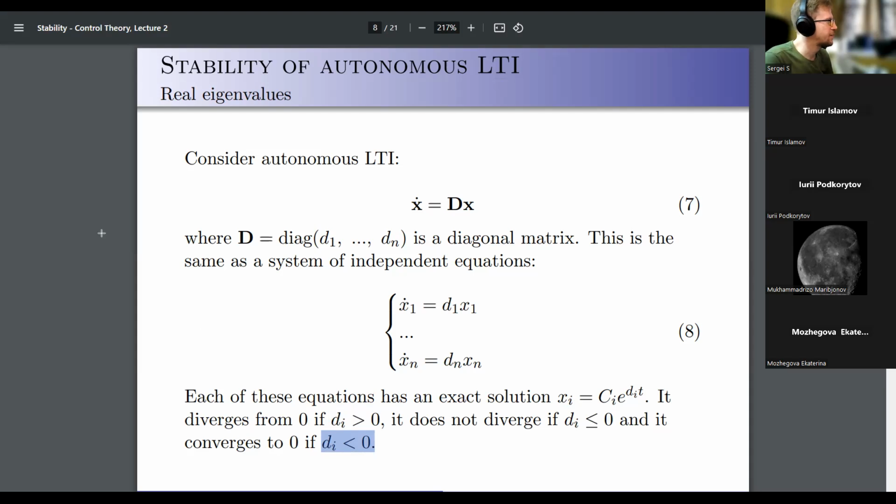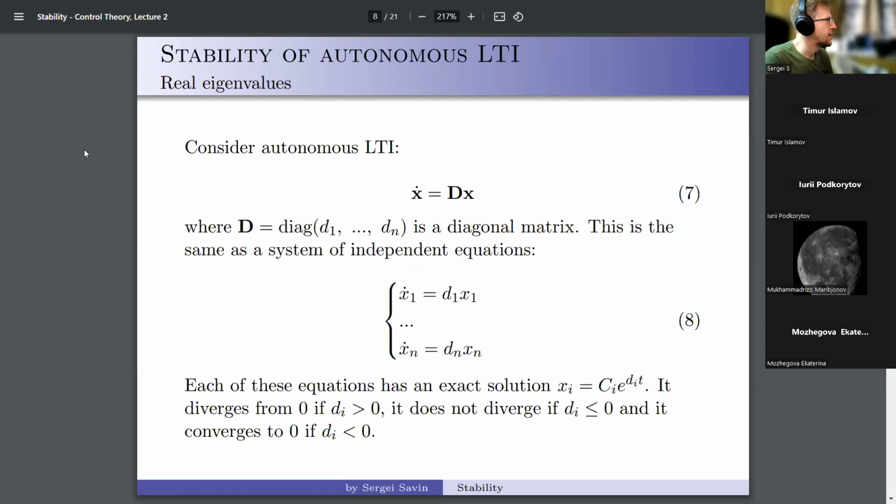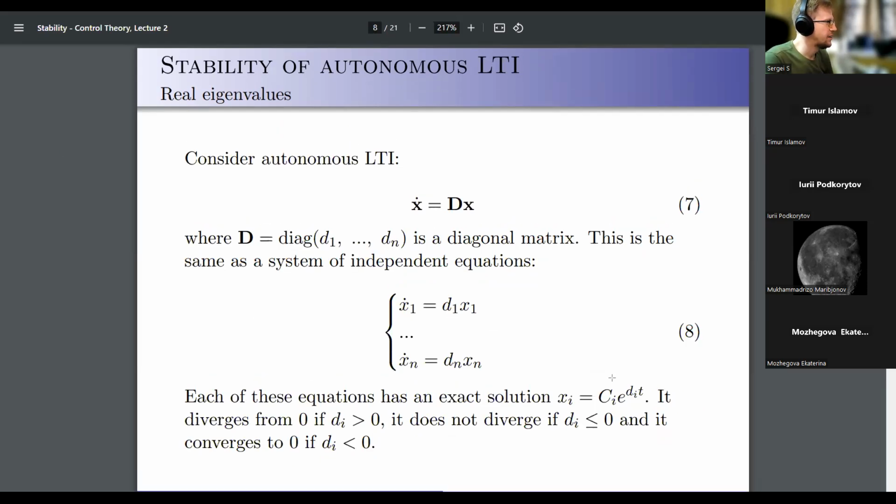So we can clearly make a statement. If d is strictly negative, all those solutions will converge to 0.